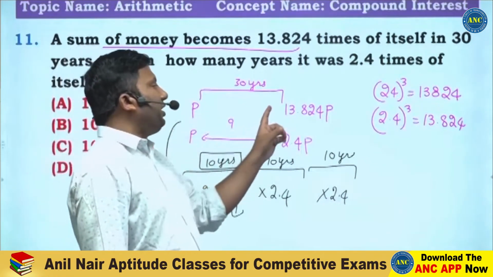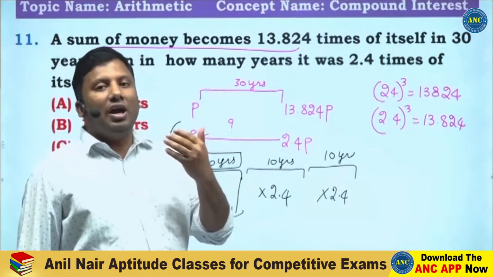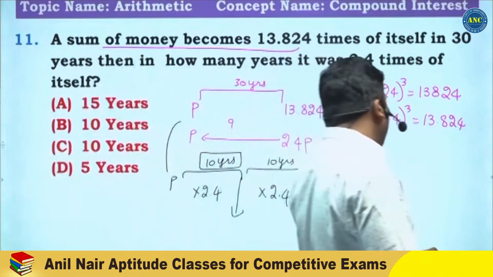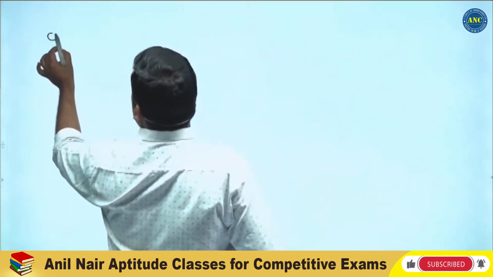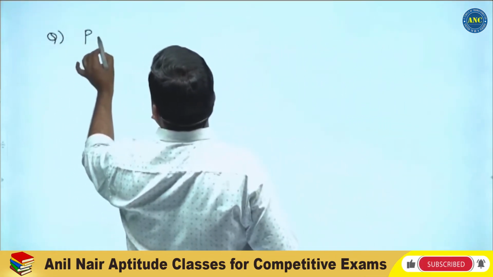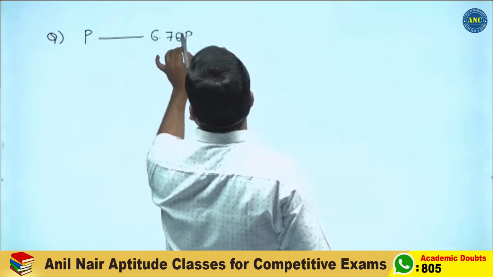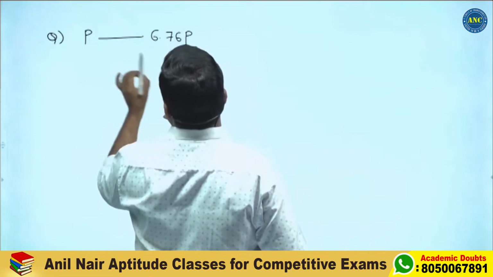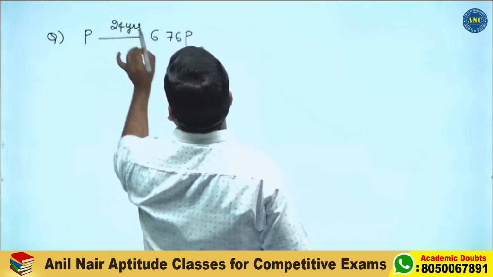Idea is to find out whether it is a square of a number or a cube of a number or a fourth power of a number. Suppose the question is, let me take some question. P is becoming 6.76 times the principal in 24 years.